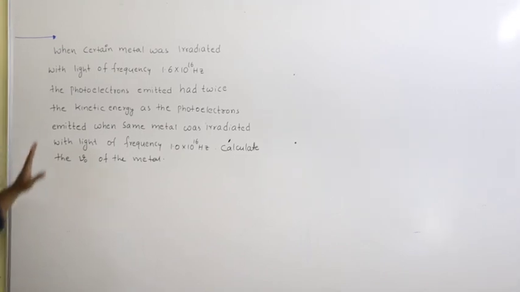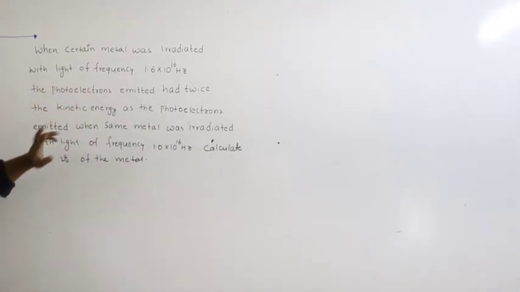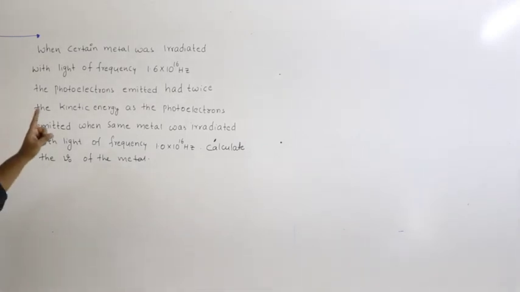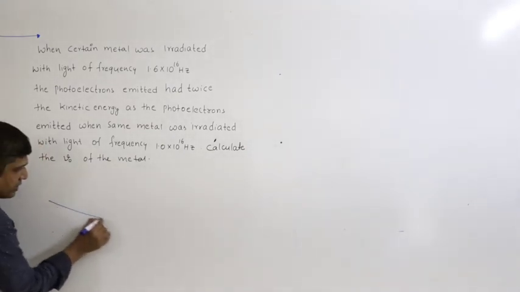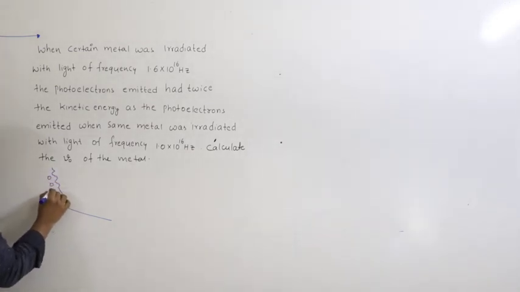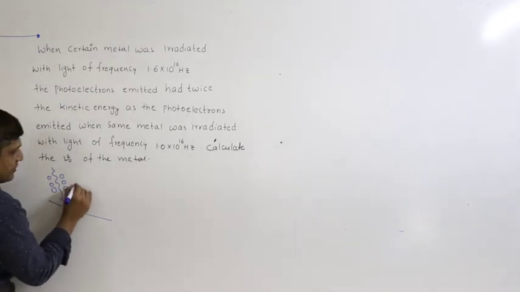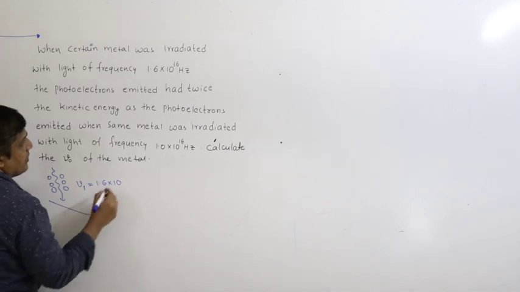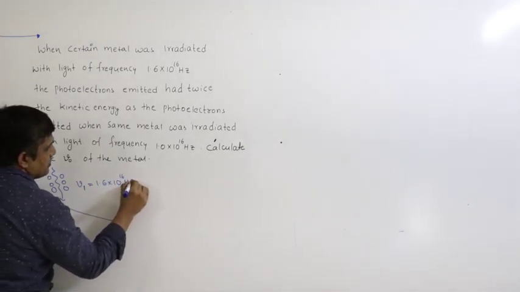A certain metal was irradiated with light of frequency 1.6 into 10 power 16 hertz. The photoelectrons emitted have twice the kinetic energy as photoelectrons emitted when the same metal was irradiated. Okay, so here I am taking a metal exposed to light radiation of frequency 1.6 into 10 power 16 hertz.